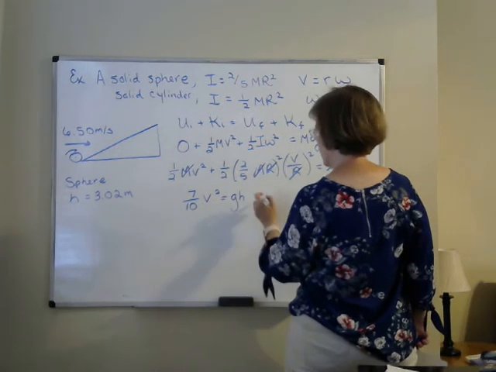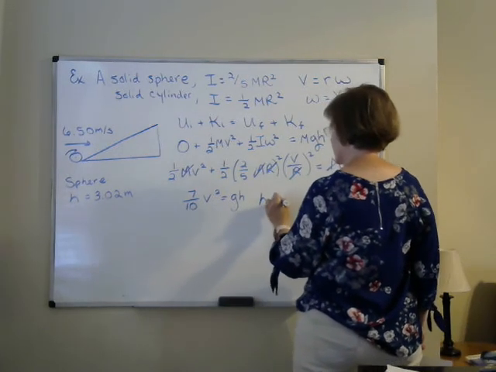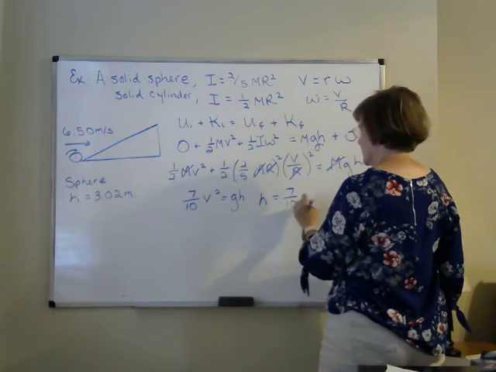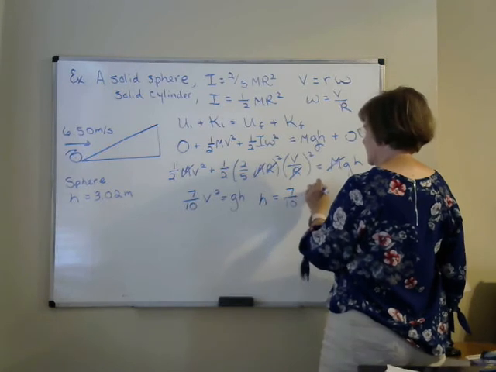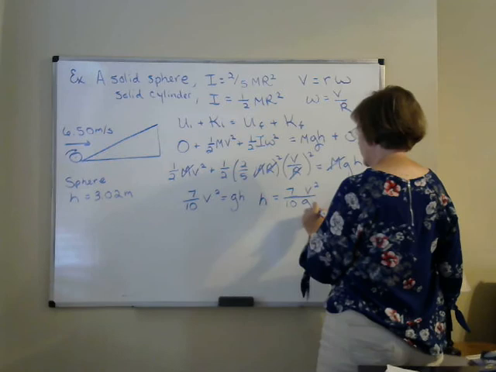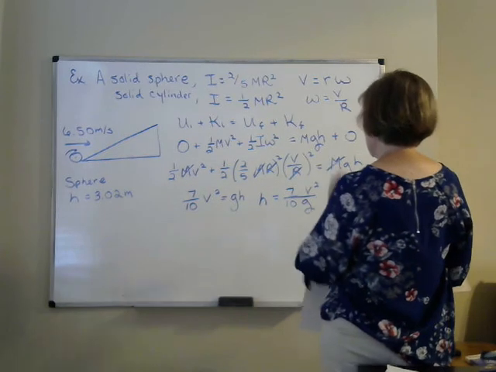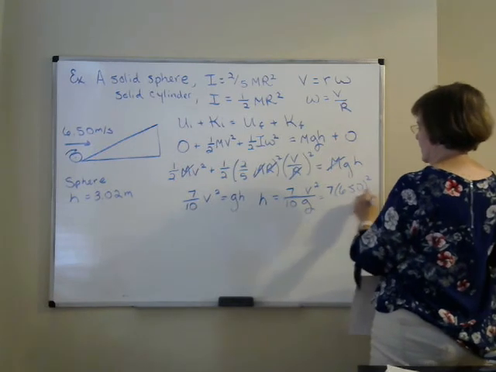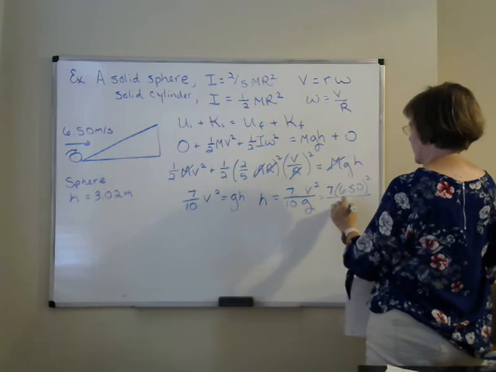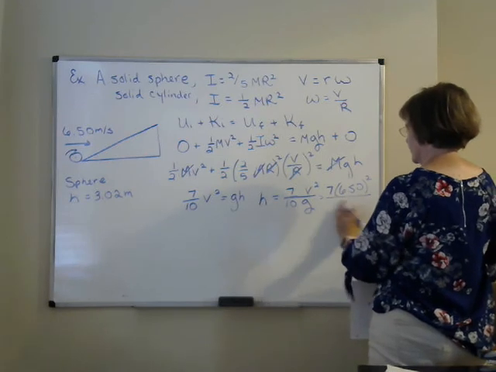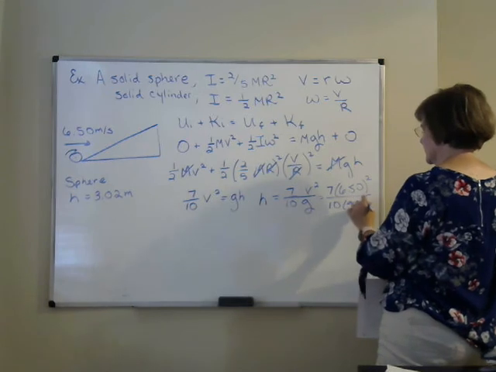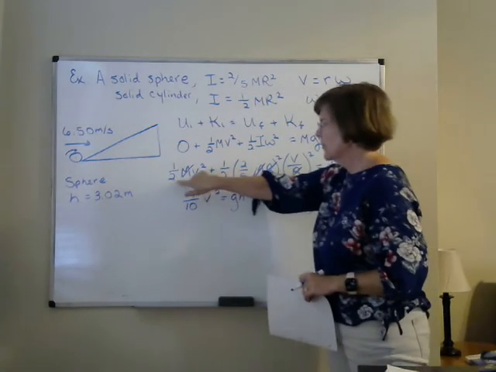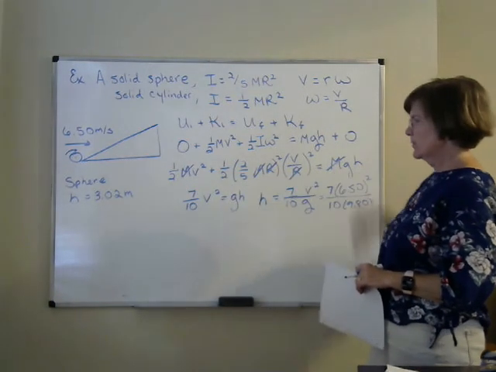So H is going to be 7/10 V squared over G. If we plug in the 6.50 and the 9.80, we get H equals 3.02. I just kind of wanted you to look and see how the 1/2 V squared and the 1/5 V squared would add together.